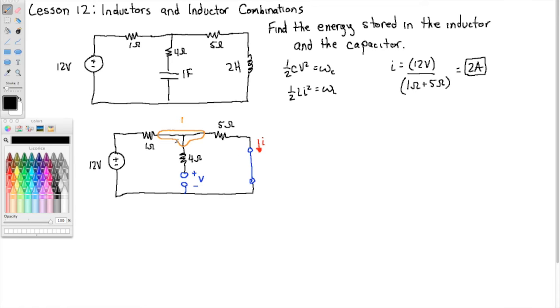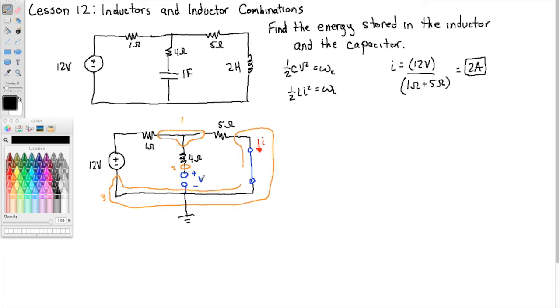Now, if I want to get V, well, here's a node, call that node 2, and while we're at it, call this node node 3. And if we like, let's make node 3 ground.